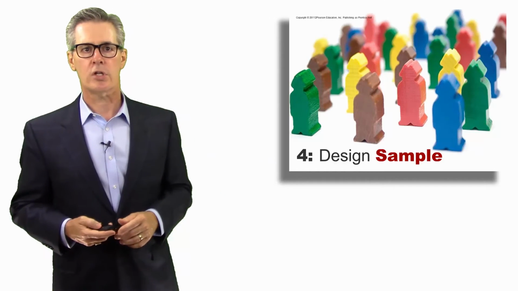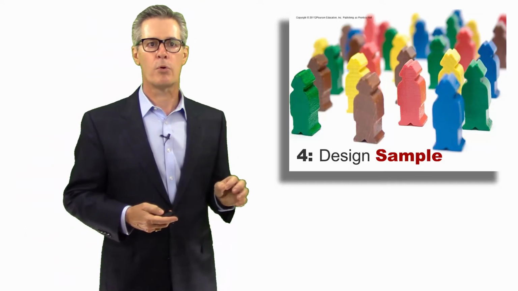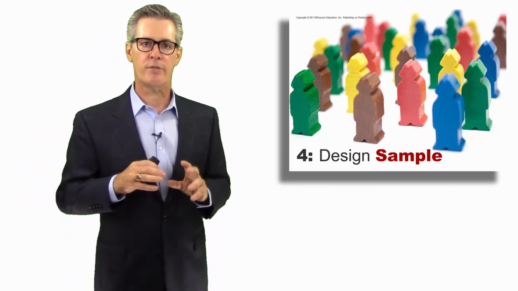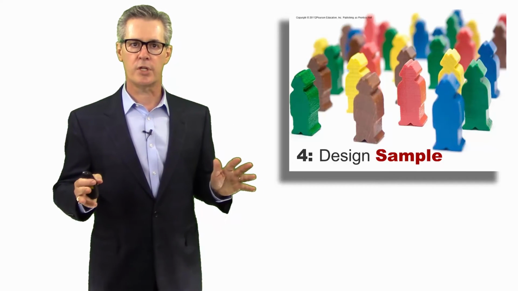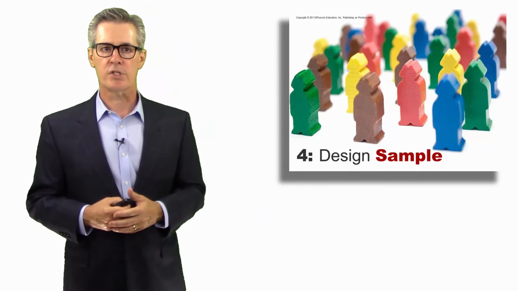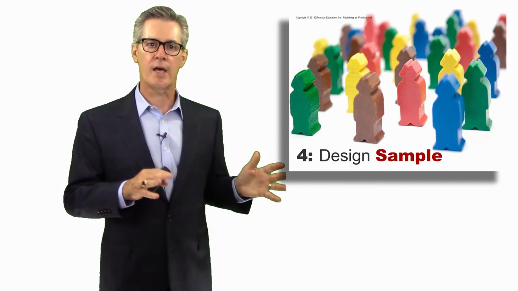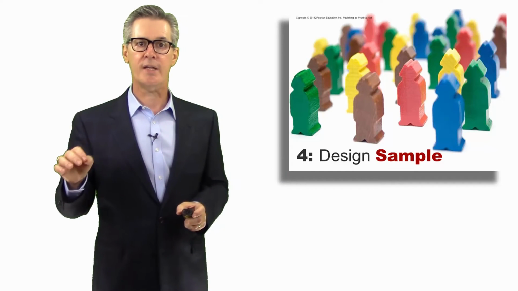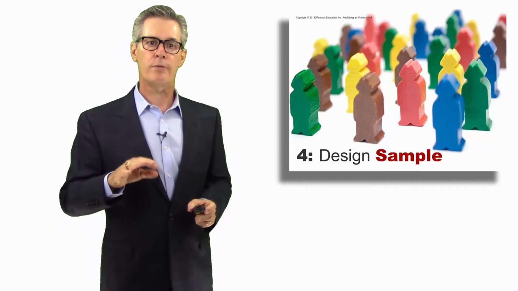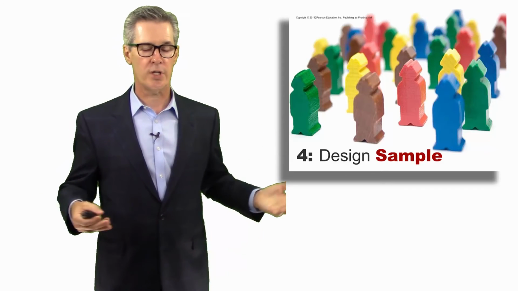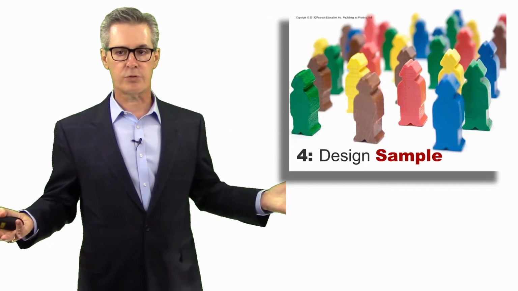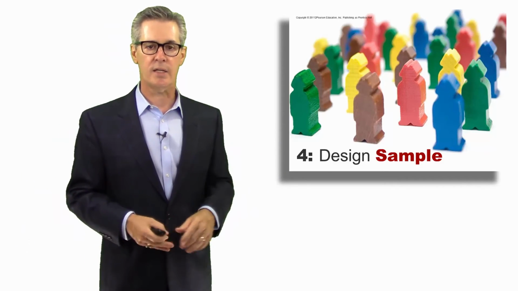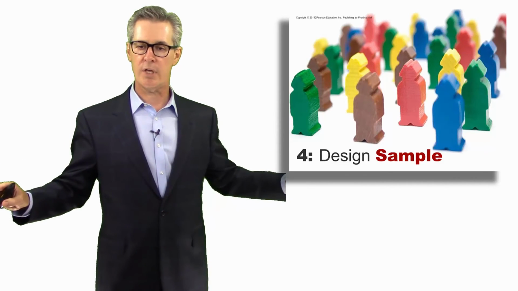Now researchers collect most of their data from a small proportion, or what we call a sample, of the population that we're interested in. So based on the answers from this sample, researchers can generalize to the larger population. The process of selecting respondents for a survey is referred to as sampling. So if we're interested in what kinds of trucks men want to buy, ideally we would survey all of the men in the United States.